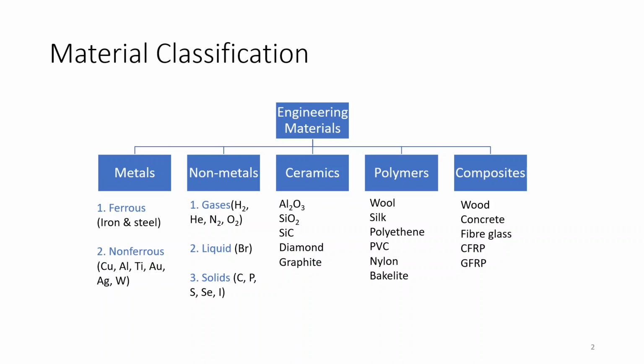In case of ferrous, you have iron-based materials, which can be iron and steel and cast iron and other alloys of iron. Next, you have non-ferrous metals. In this, everything except iron will fall in this category. So copper, aluminum, titanium, gold, silver, tungsten, these will be non-ferrous.